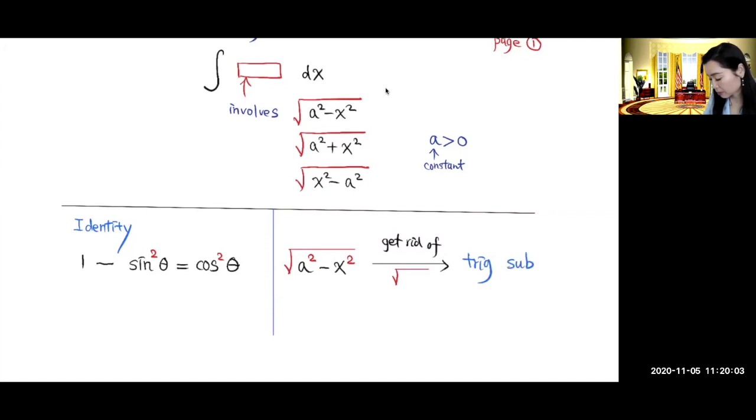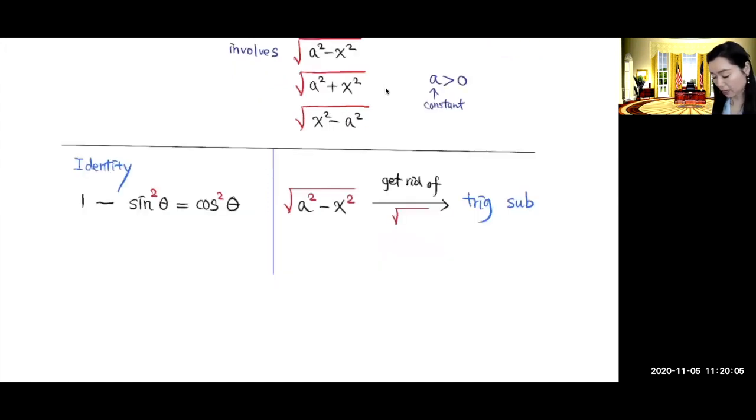Now you're going to let x be equal to something involving sine theta. So this a squared corresponds to the 1, and the x squared corresponds to the sine squared. So you let x equal a times sine theta. Okay, let's try this and see what happens.